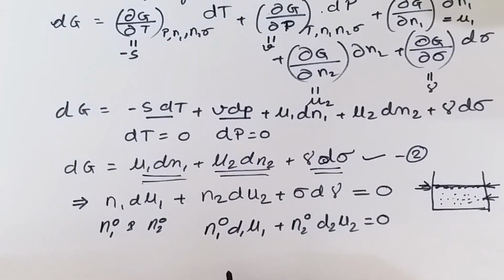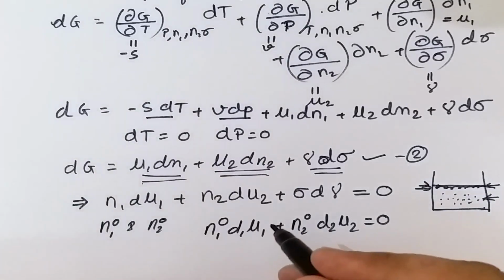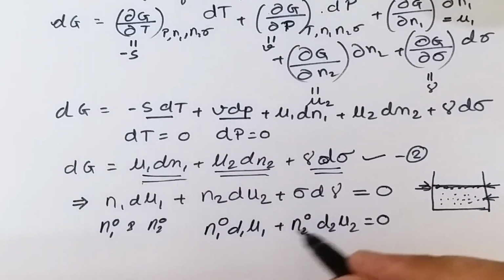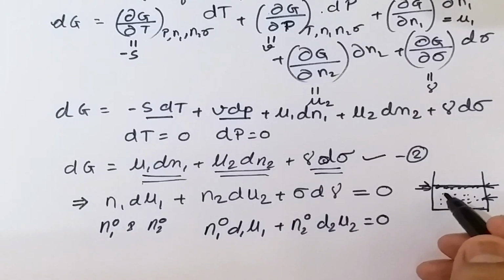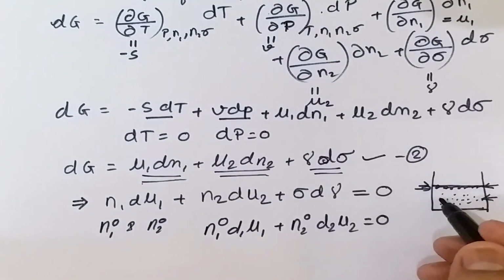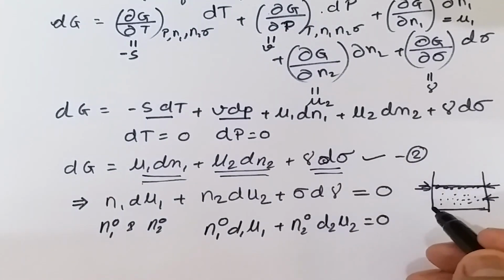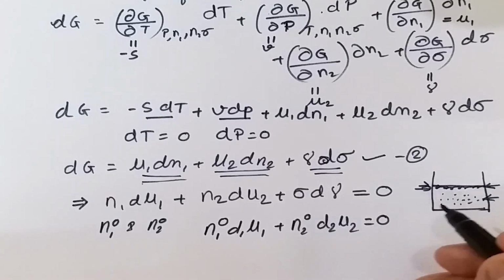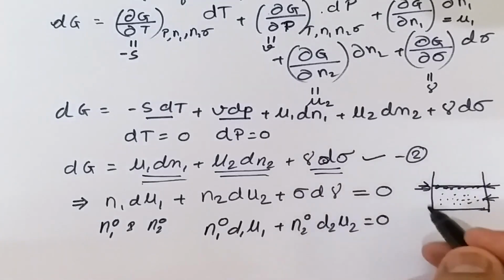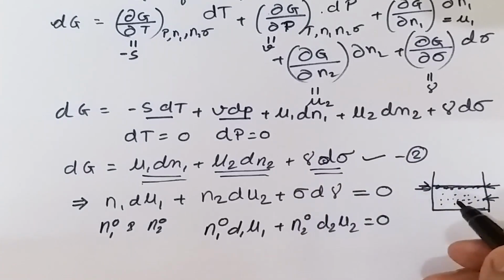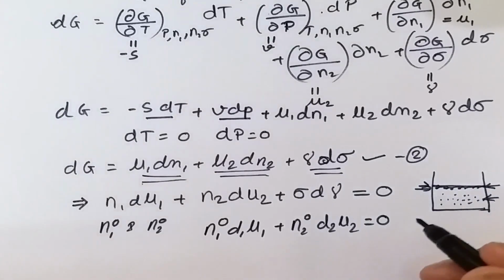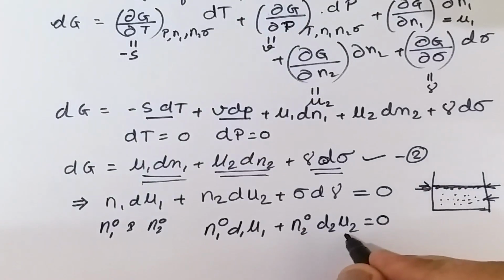And further, since our system is under equilibrium, the chemical potential of the component in the bulk and on the surface must be the same. And once the system is disturbed, it will again attain a new equilibrium, so that the change in the chemical potential must be identical in these two terms.